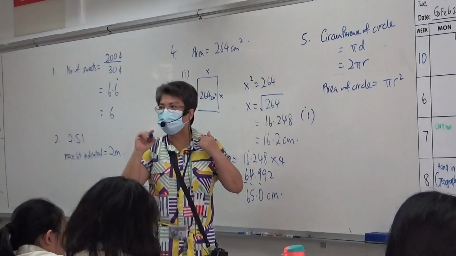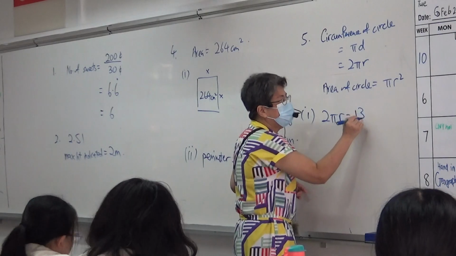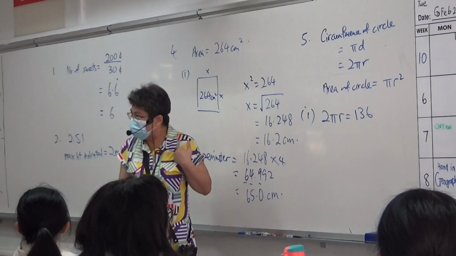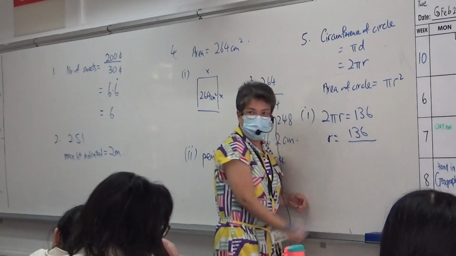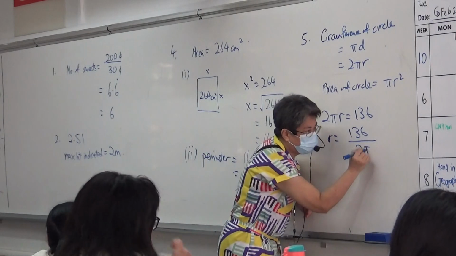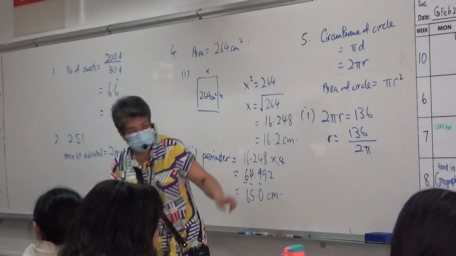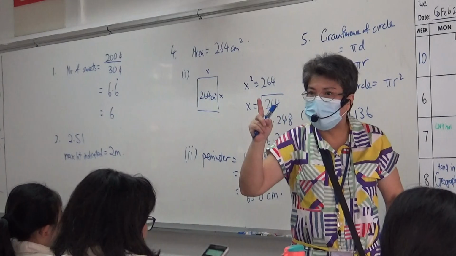Okay, all of you don't know. Look at meters. That means 2 pi r is 136, right? Am I making sense? R will be 136 divided by 2 pi, right? Correct? Yes or no? Okay, key in your calculator. Numerator, denominator. Use your calculator pi.